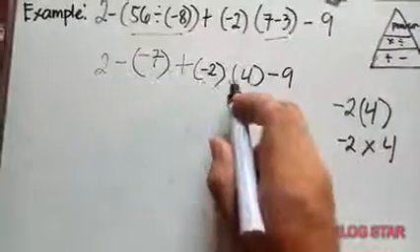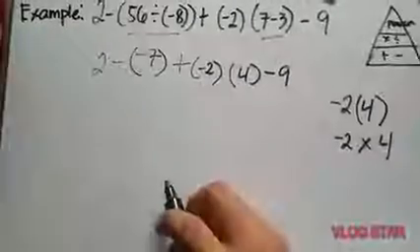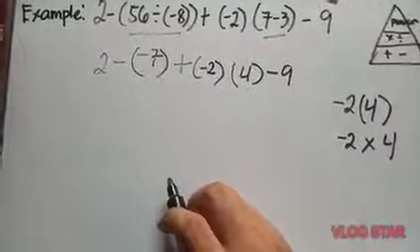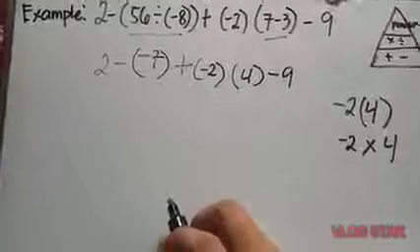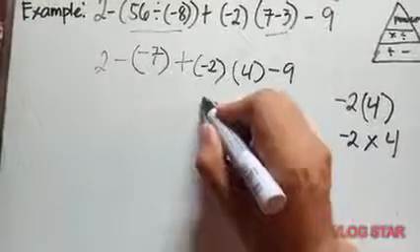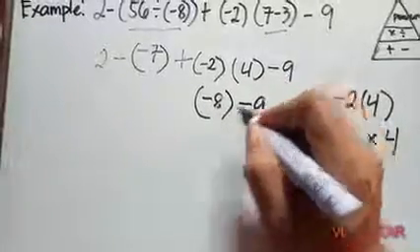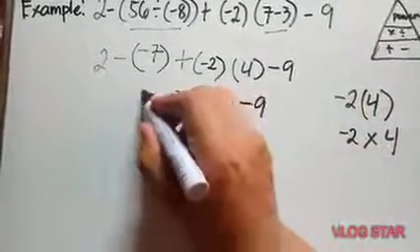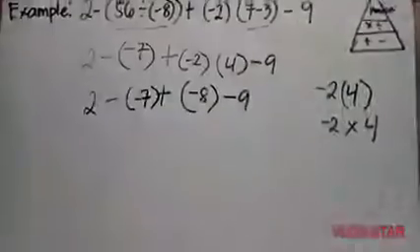So we should multiply it first. Then negative 2 times negative 4. When you multiply two integers with unlike sign, the answer is always negative. So the answer is negative 8. Then copy minus 9, then plus negative 7 minus 2.